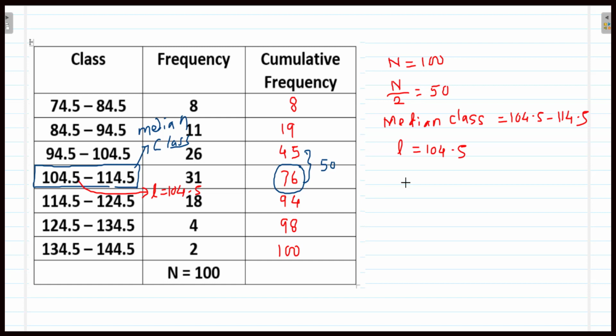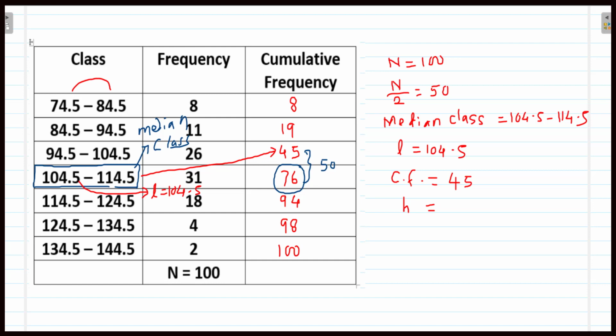Now we have to take the cumulative frequency. We take the previous cumulative frequency of the median class. So this is the median class and its previous cumulative frequency is 45. So the cumulative frequency will be 45. Then we take h, that is the height of the class interval. What is that height?